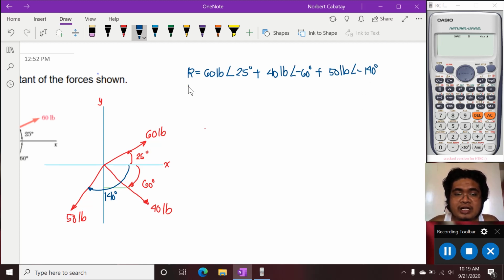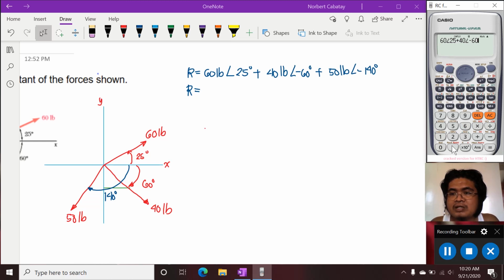So, in our calculator, in complex mode, it's 60 angle 25, plus 40 angle negative 60. Don't forget the negative.